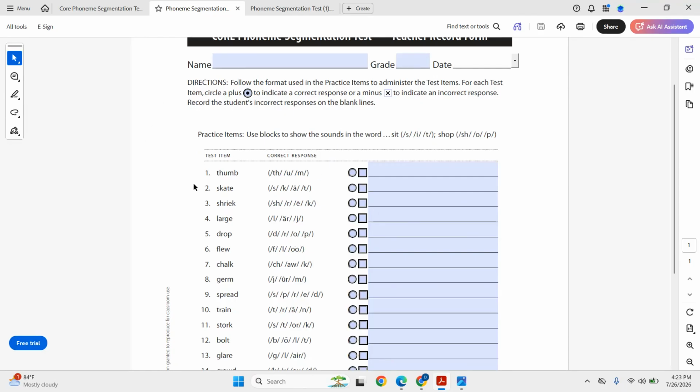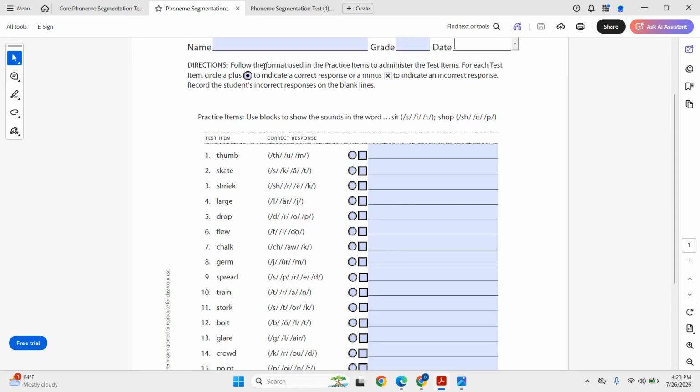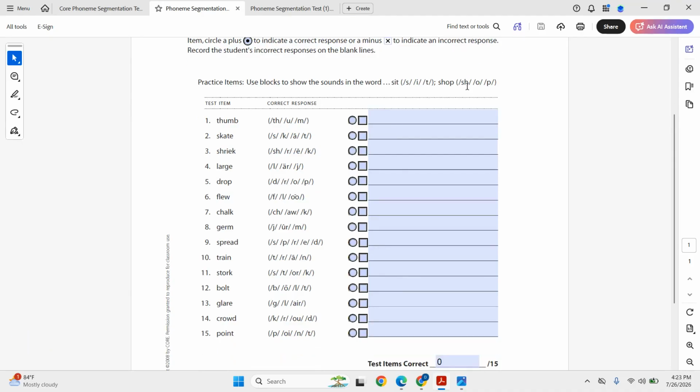Okay, so here we have our 15 test items: thumb, skate, shrek, large, you name it. All right, the instruction is there. You will read your instruction and you will follow same. For each test item, circle a plus to indicate a correct response or a minus to indicate an incorrect response.